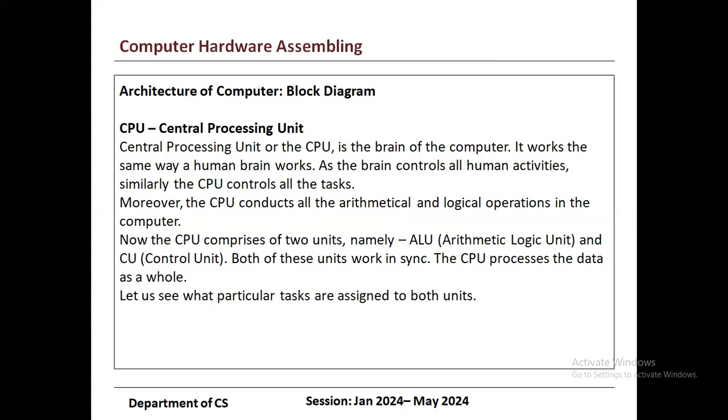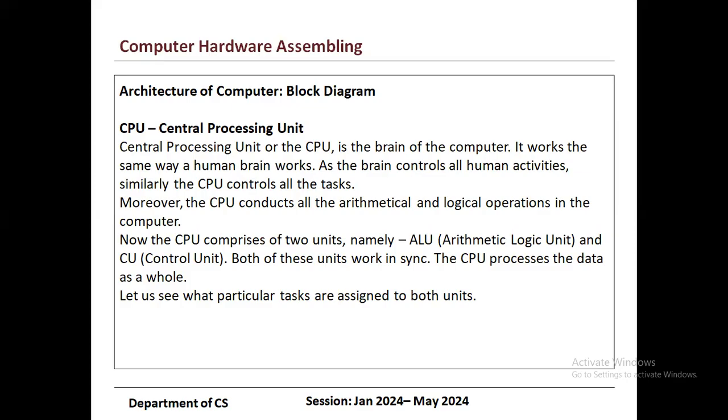In this slide, we'll discuss the central processing unit. The central processing unit, or the CPU, is the brain of the computer. This is because it works the same way a human brain works. As the brain controls all human activities, similarly the CPU controls all the tasks.